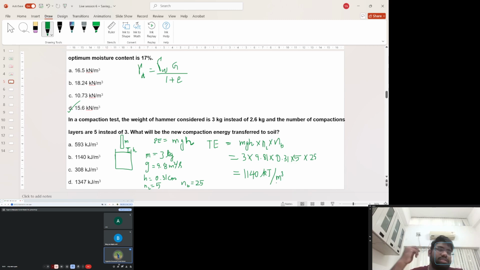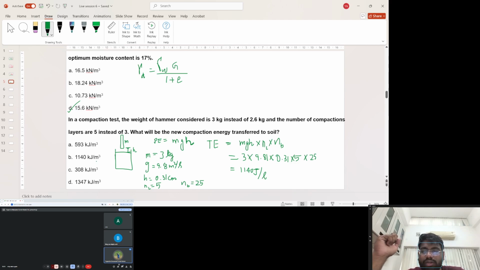Right. And one more thing, 1000 liters is 1 meter cube, right? Yes, sir. Since all of these are in SI units, how much does it have to give us? It has to give us 1140 joule per liter, because the volume of this compaction mold is in liters.